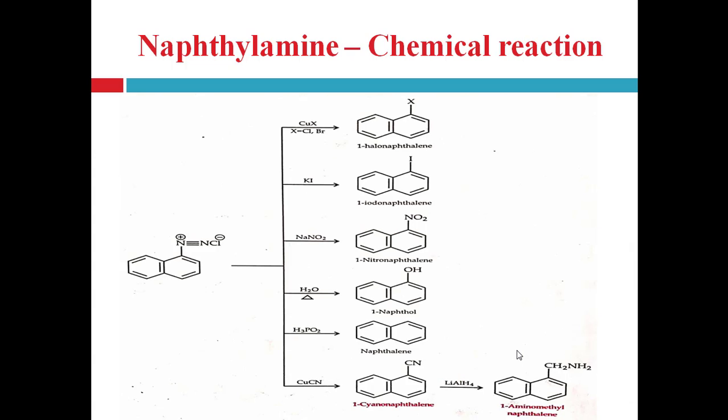Next, chemical reactions of the naphthylamine, the different substitution reactions of the diazonium salt. First one is the reaction with copper halide, CuX, where X may be chlorine or bromine. This is the reaction of the naphthalene diazonium chloride salt.